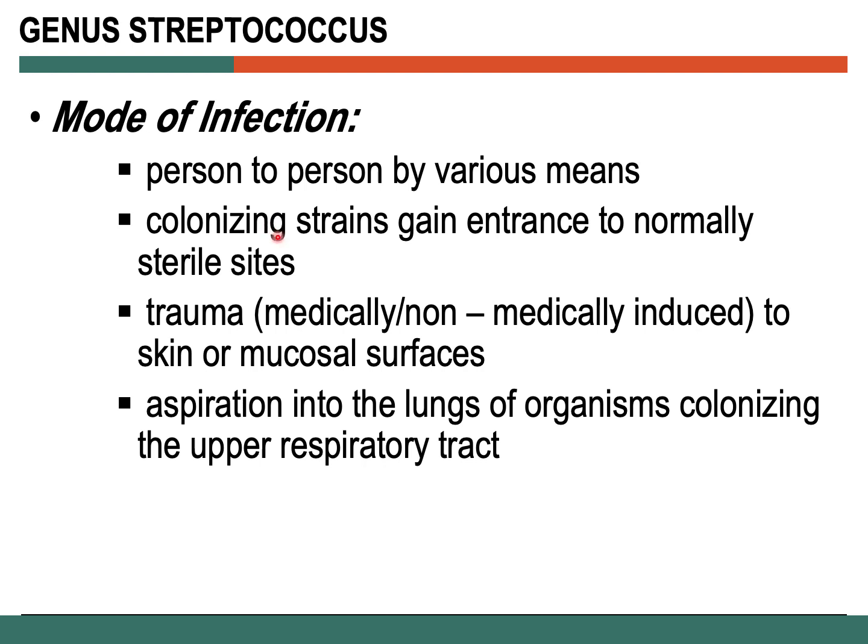It is also transmitted by colonizing strains gaining entrance to a normally sterile site, just like your staph. Normally, they are normal flora and will not cause disease, but once they gain entry to a sterile body site, they can cause diseases, causing bacteremia or sepsis. They can also gain entry through trauma, whether medically induced or not, as well as aspiration into the lungs of organisms colonizing the upper respiratory tract.